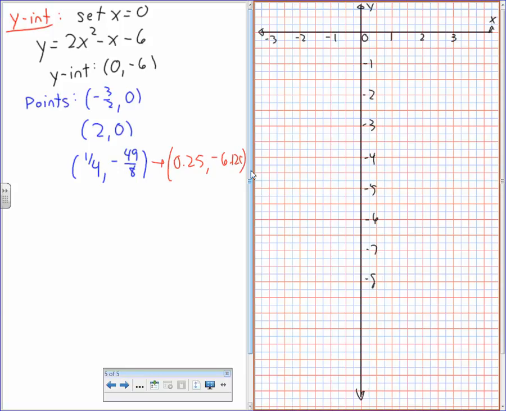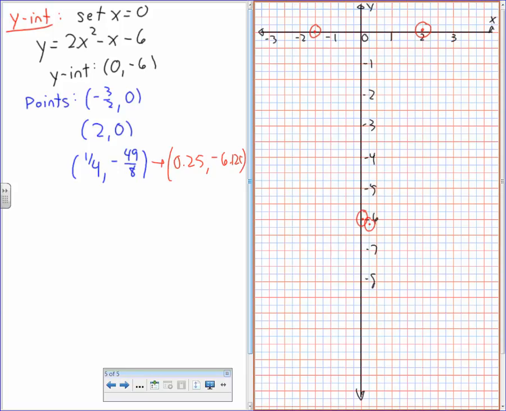All right, 2, 0 is about over here. Negative 3 over 2 and 0. And 1/4 and negative 49 over 8 is going to be down here someplace, just beneath the vertex.